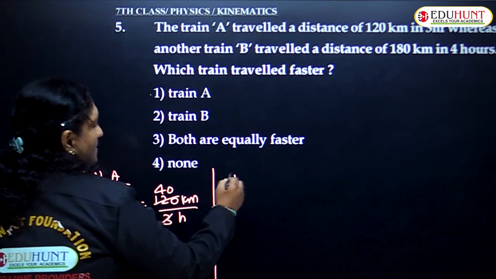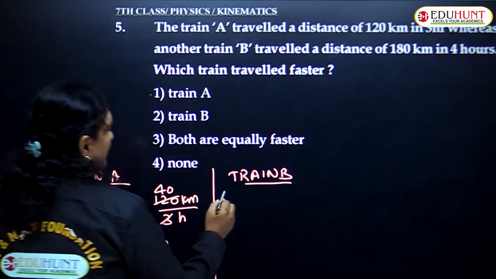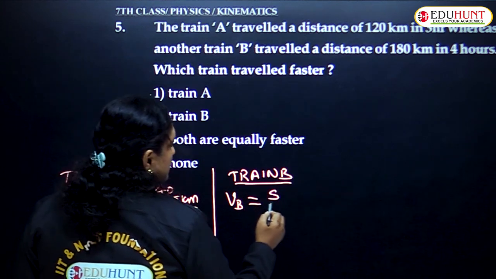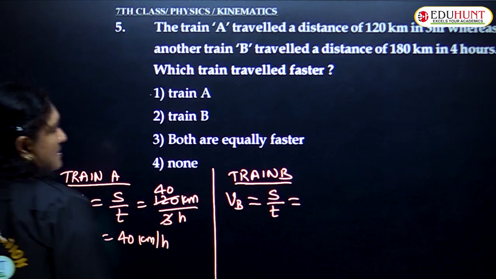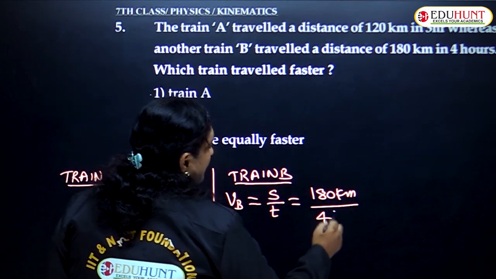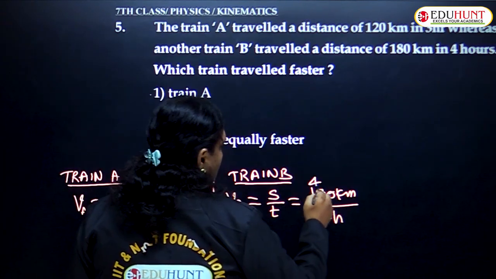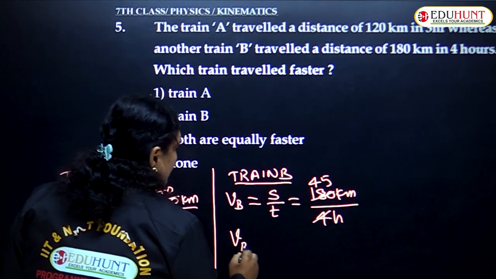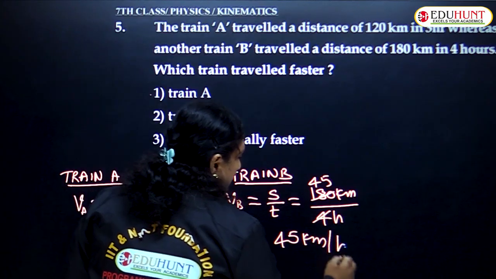Now coming to train B. For train B, speed of B is again the distance traveled by B over the time taken by B. How much distance has B covered? 180 kilometers in what time? 4 hours. Now, further simplification gives 45. Hence, the speed of B is found to be 45 kilometers per hour.